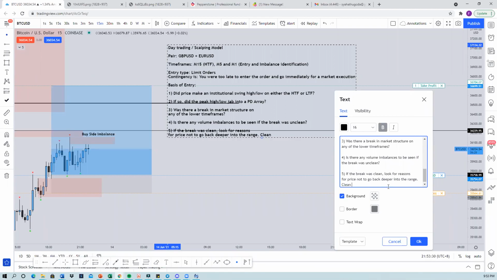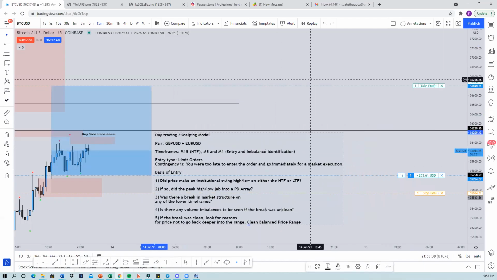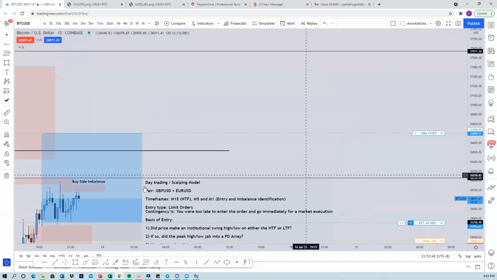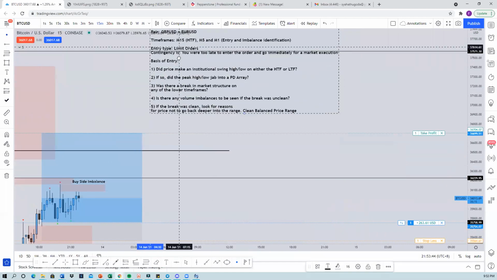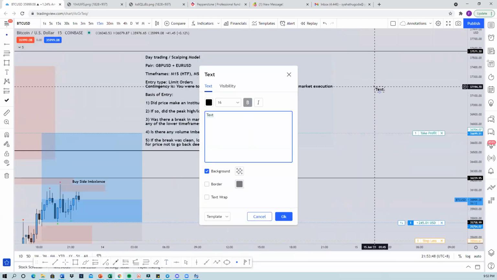Clean balanced price range. Okay. Then finally, you will say entry.